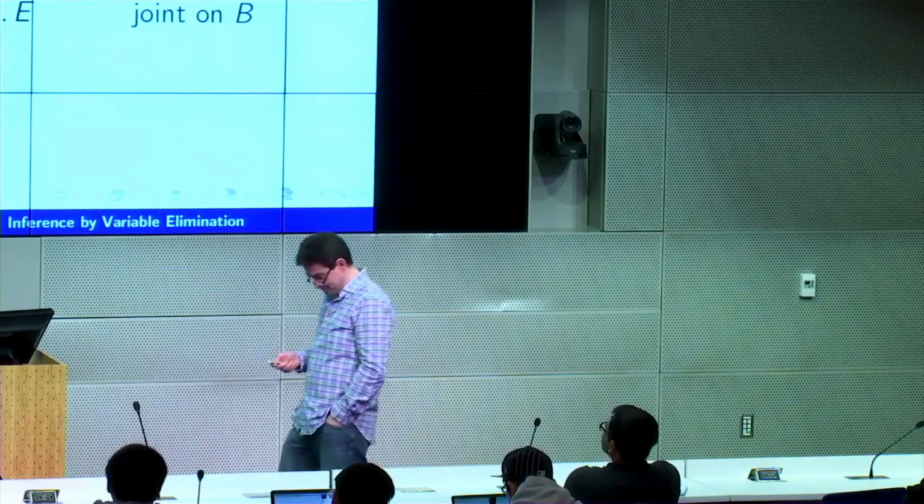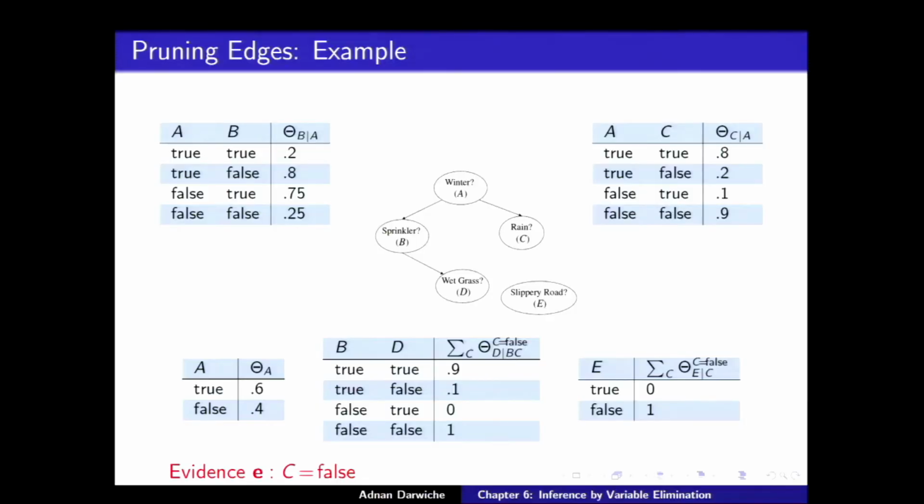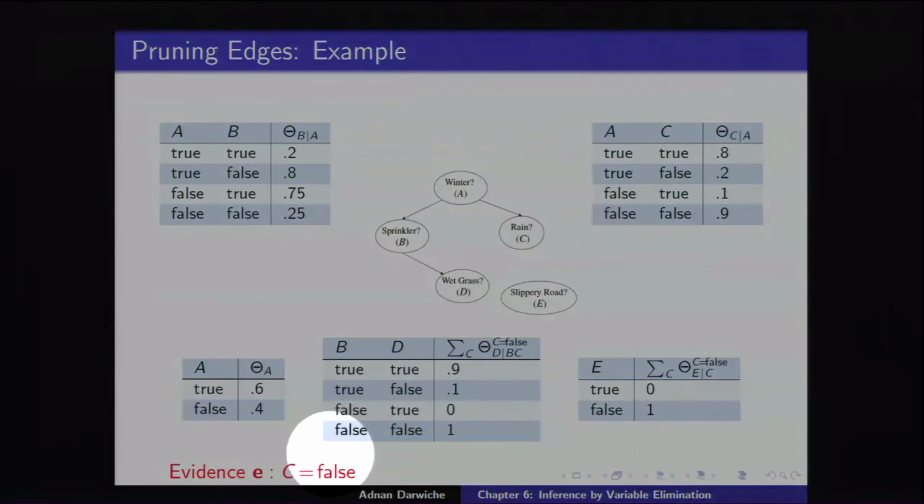Let's see this. Unfortunately, in this example, I don't have the original network. I just have the pruned one, but I guess you can figure it out. Look at what's going on here. The evidence is C is false. Remember what this original network looked like? I had an edge from C to E, and an edge from C to D. Now, if you look at the CPT for E, how many rows did it have?